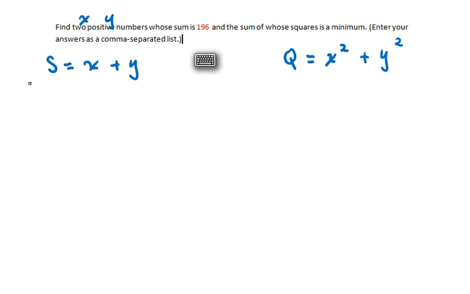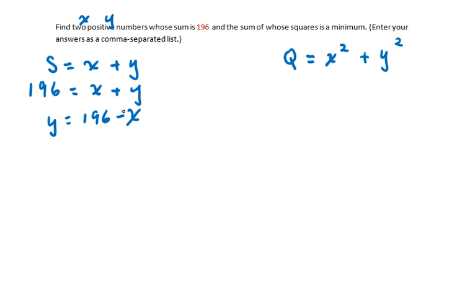So I'm going to substitute 196 for the sum. And then I'm going to solve for y so that I've written the second number in terms of the first. It is 196 minus the first.